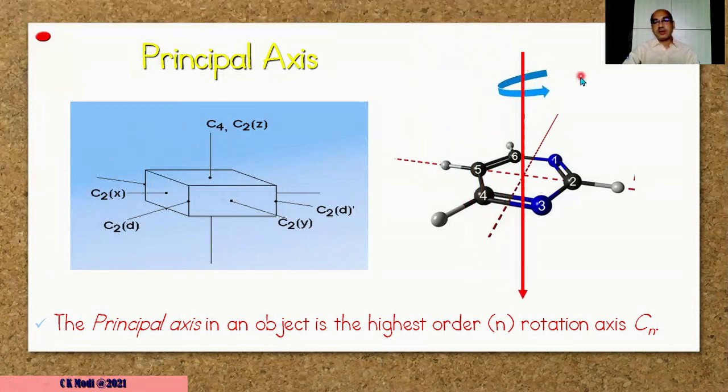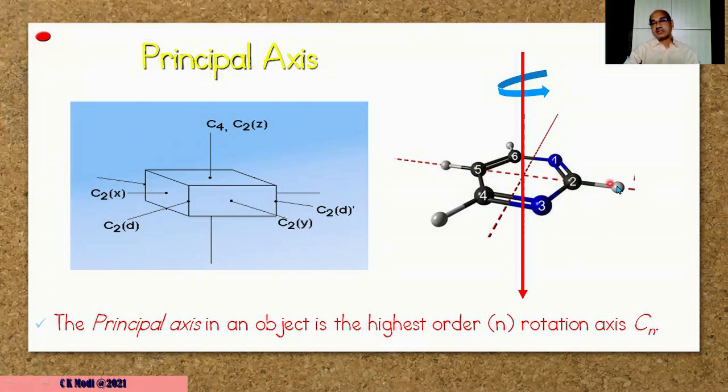Now, in the benzene molecule, previously I was discussing the benzene molecule. If we pass an imaginary line through the center, and rotate it by 60 degrees, then after 60 degrees, all these 6 carbons, 1, 2, 3, 4, 5, 6, interchange their positions. Therefore, it is called C6. Along with that, a number of C2s are also present.